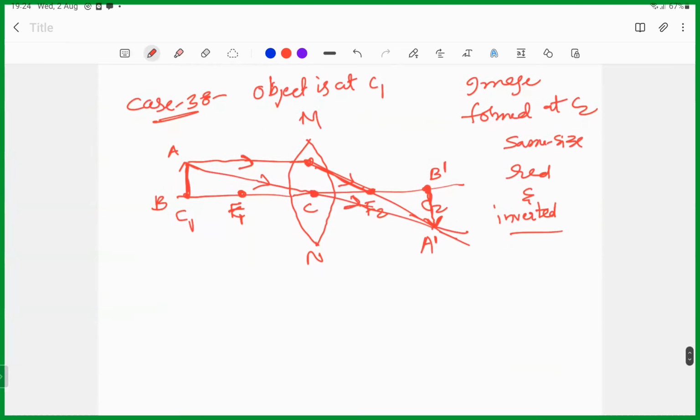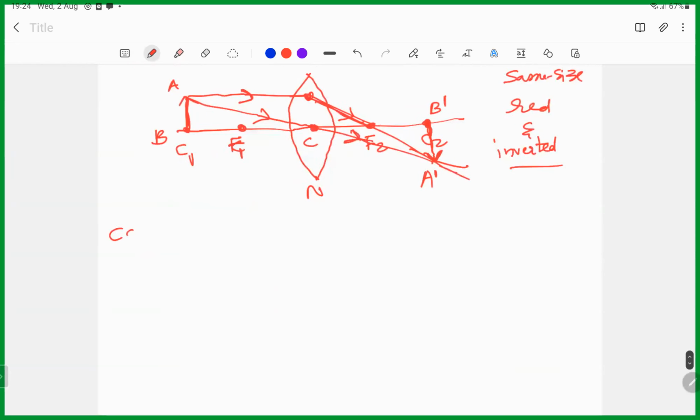What about case 4? Case 4 is between C1 and F1.